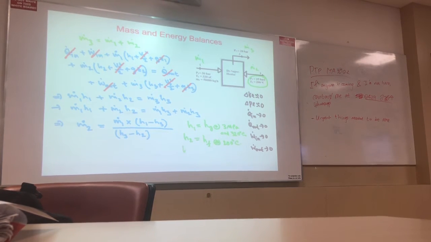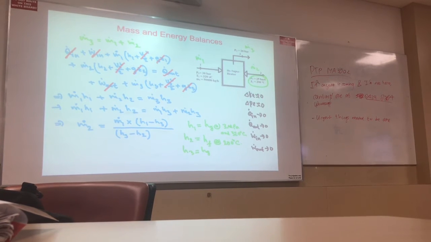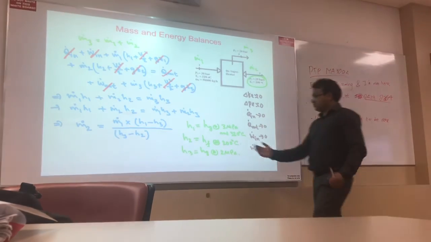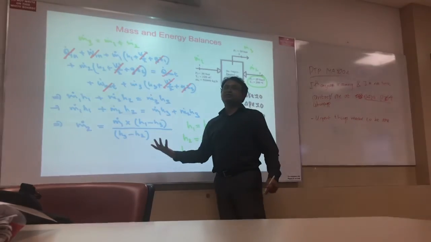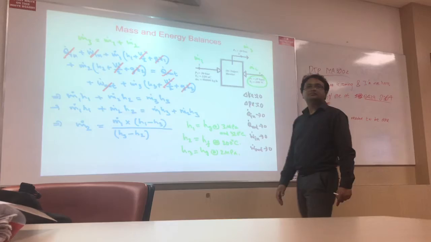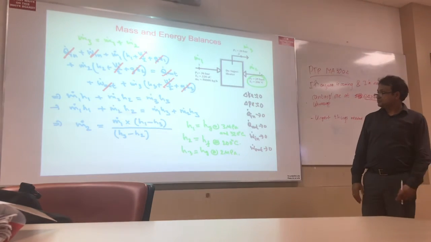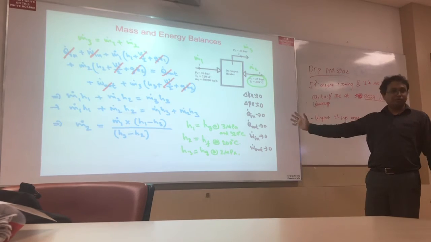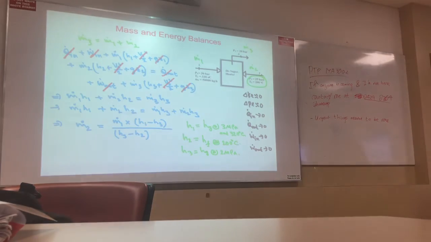Then what is h3? hg, saturated vapor with respect to 2 megapascal. Done. Then you calculate all the values from the table and put them here, then you get the answer. The concept is not very difficult. I hope you can solve it.